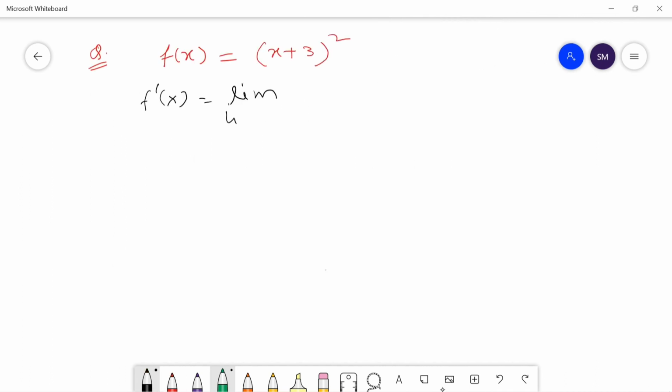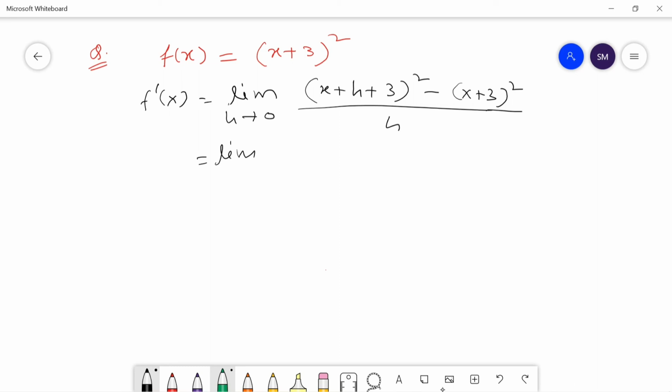f dash x is equal to limit h tends to 0 of x plus h plus 3 whole squared minus x plus 3 whole squared, over h.